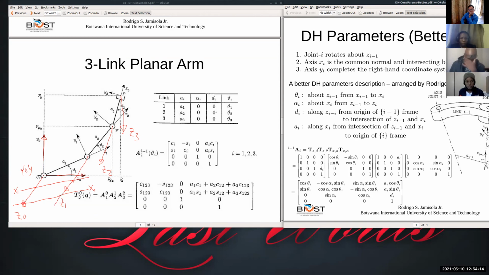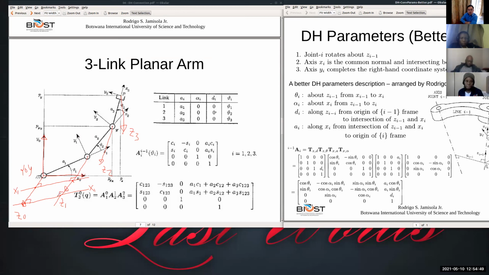Are they perpendicular? Yes. Why? Because X1 is on the plane, parallel to the plane of the paper, and Z0 and Z1 are perpendicular to the plane of the paper. That is perpendicular, that's perpendicular.